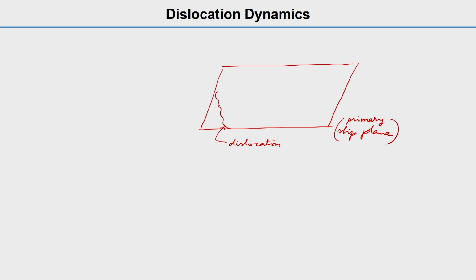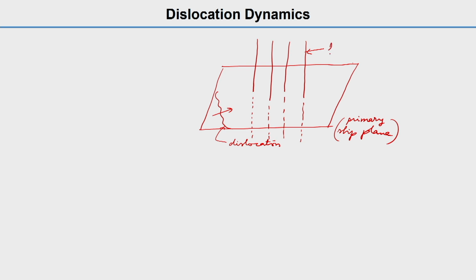or we will simply call it a dislocation, and the dislocation is moving in this direction, and then there can be some other dislocations. I will tell you what these dislocations are.